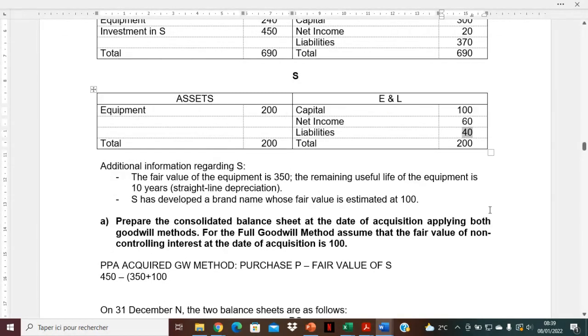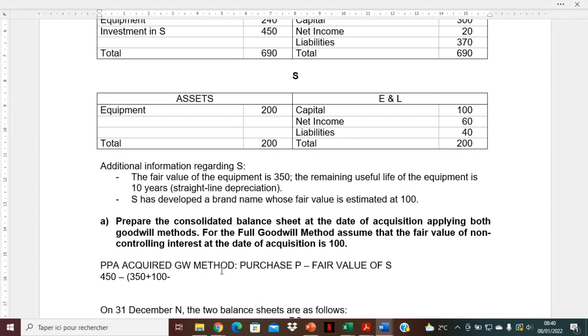So here, once again, for the liabilities, we assume that book value equals fair value. But be cautious. In real life, that's not necessarily the case. So we need to fair value the whole balance sheet, assets and liabilities. And obviously, there can be differences between book values of liabilities and fair values. But here there isn't.